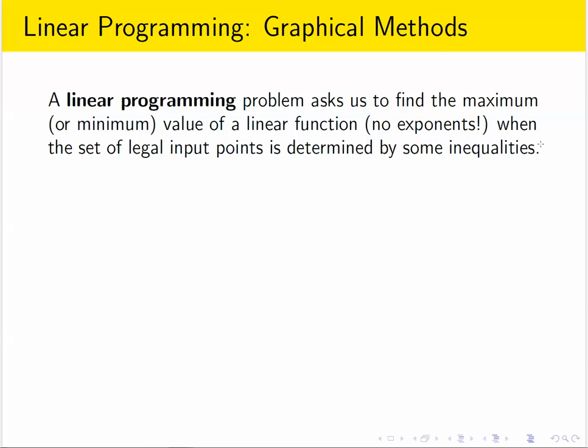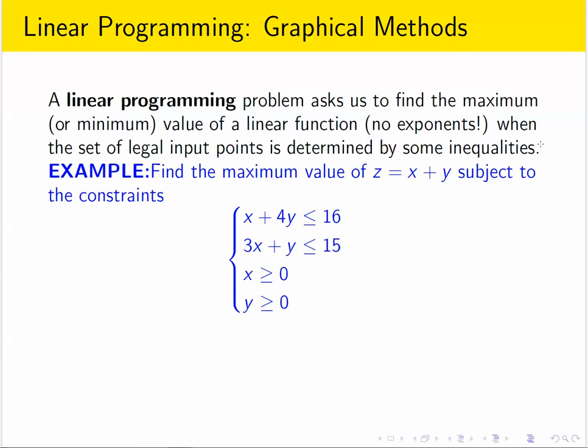So for example, there are no exponents, nothing is squared. We're only going to consider points that satisfy some constraints, some conditions described by inequalities. For example, a problem like the one we see here in blue, where we might be asked to find the maximum value of some function subject to these constraints.